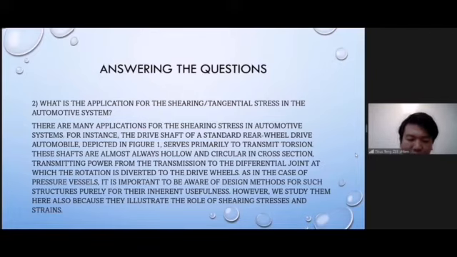As in the case of pressure vessels, it is important to be aware of design and maintenance for such structures purely for their inherent usefulness. However, we study them here also because they illustrate the role of shearing stress and strains.